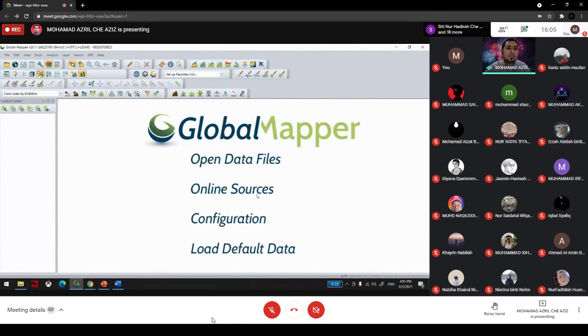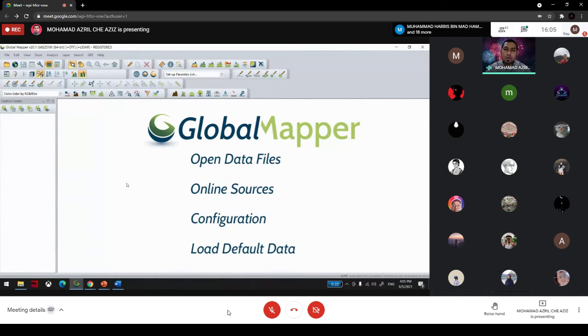Okay, you can see my screen, Global Mapper. Yes, sir. This is what you already watched in the video. For example, you prepare a land parcel that you want to carry out the survey on, and you are required to set the configuration.